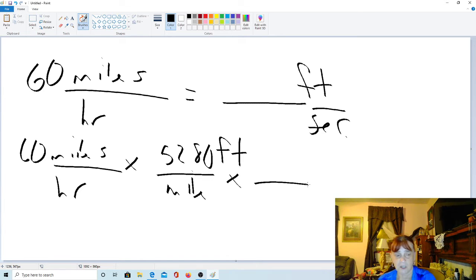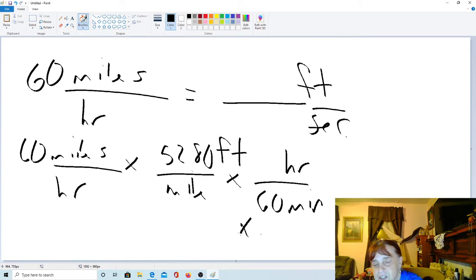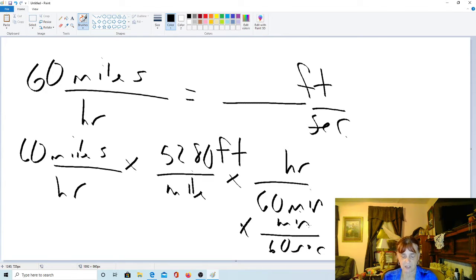And then there's 60 minutes in an hour, so divide this by 60 minutes. And there's 60 seconds in a minute, so divide by 60 seconds again. So 60 times 5,280 is 316,800. Divided by 60, and divide by 60 again, and you'll have 88 feet per second.